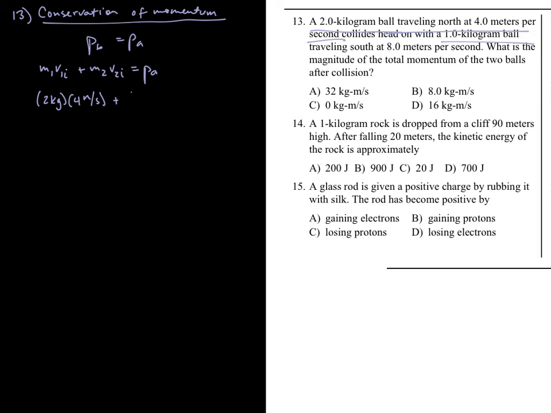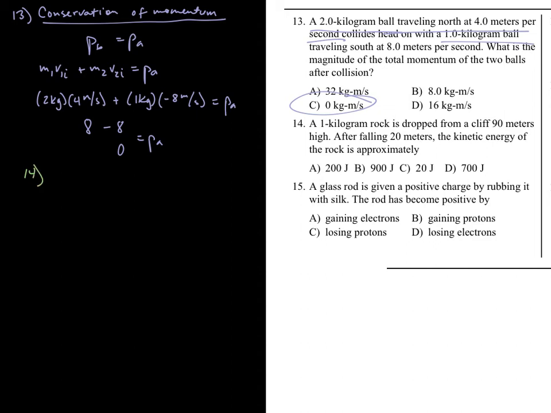Object 2 is 1 kilogram. It's traveling 8 meters per second southward. So that's a negative. Remember, this is vectors. Oh, look at that, equals 0. I guess they come to a stop afterwards. Okay.